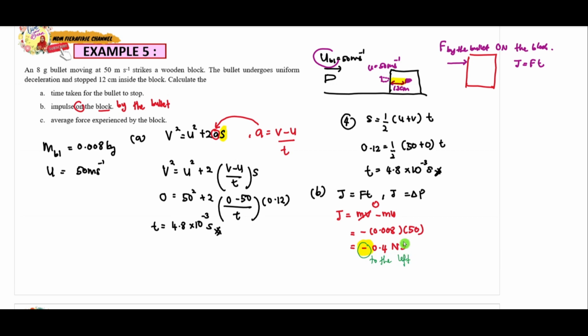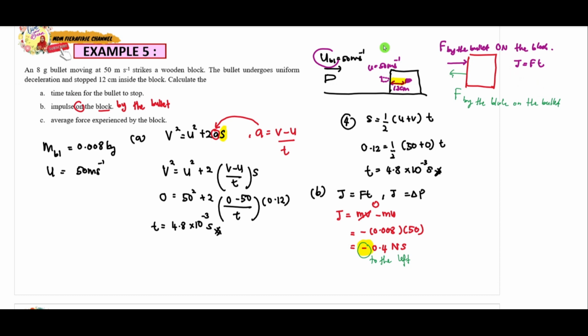So, saya dah kata tadi, when there is a force exerted by the bullet on the block, akan ada satu lagi reaction force exerted by the block on the bullet. Sama macam soalan air tadi.